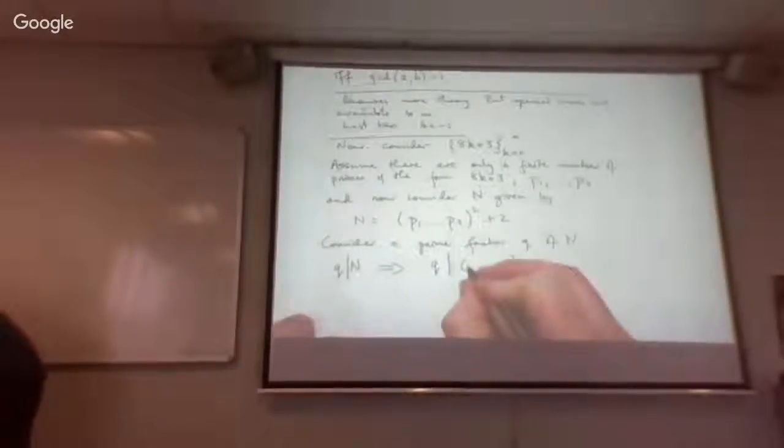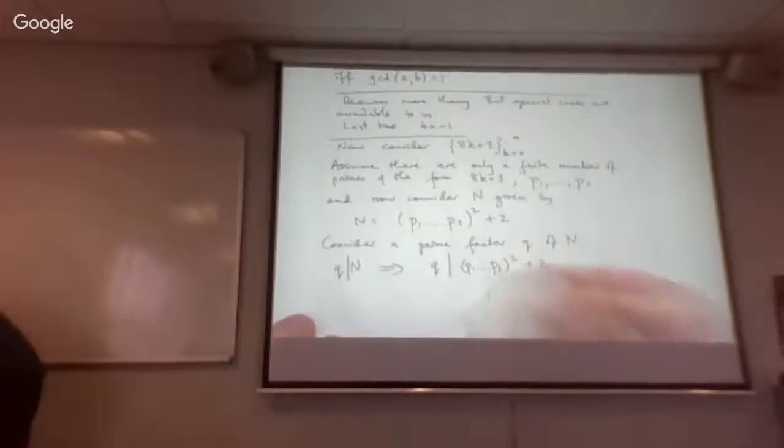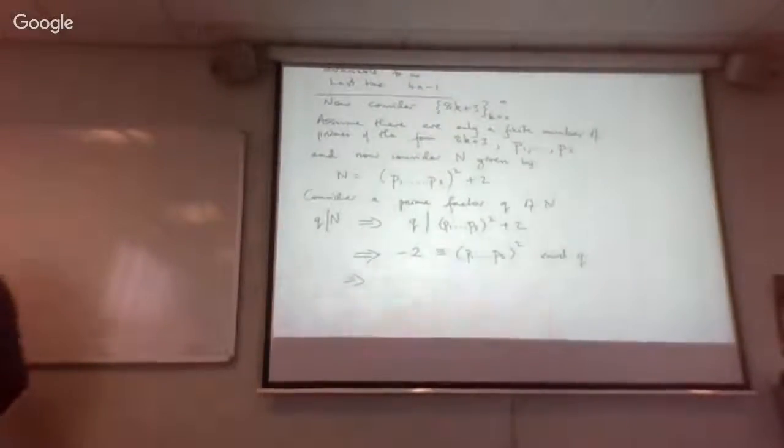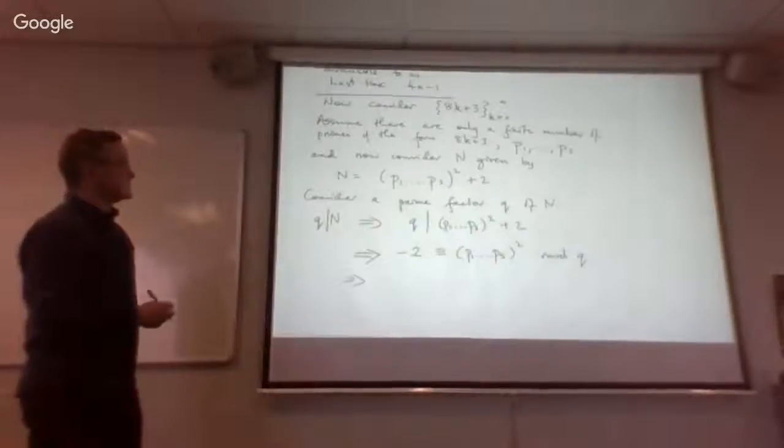Well, that implies that q divides this square plus 2, where the square is of P1 up to PS. Well, that implies that minus 2 is congruent to this square modulo q. In other words, minus 2 is a quadratic residue modulo q.